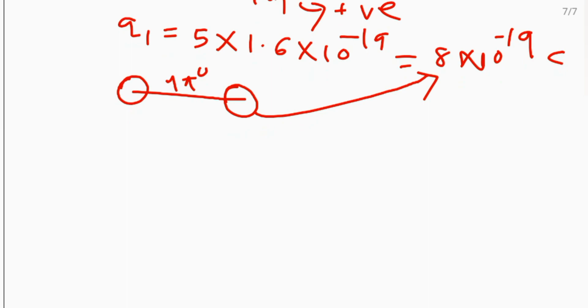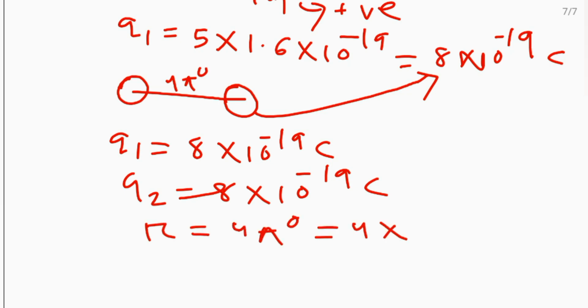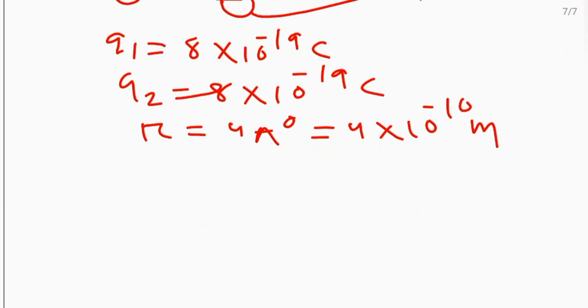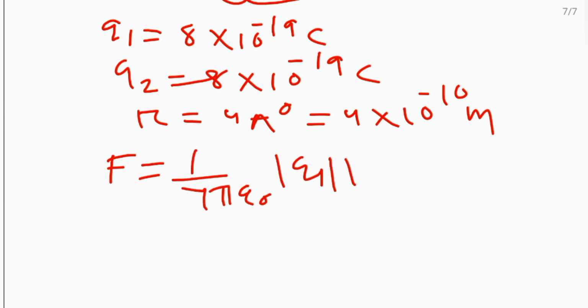So we have Q1 is 8 into 10 to the power minus 19 coulomb, Q2 is 8 into 10 to the power minus 19 coulomb, and R is 4 angstrom, so that is 4 into 10 to the power minus 10 meter.